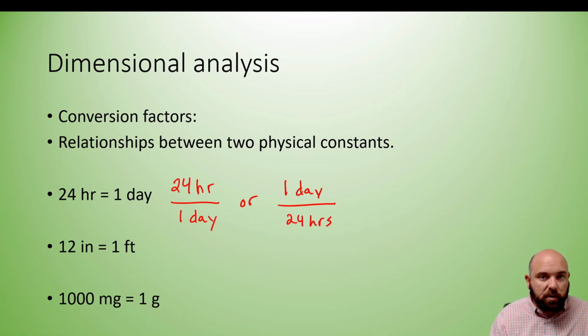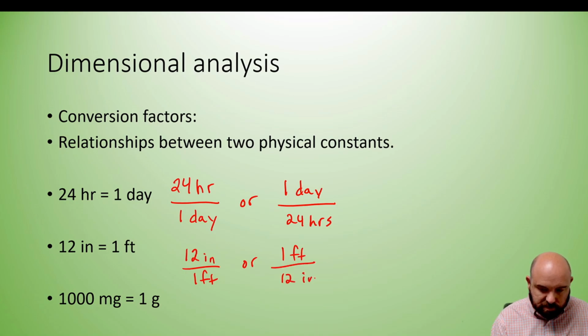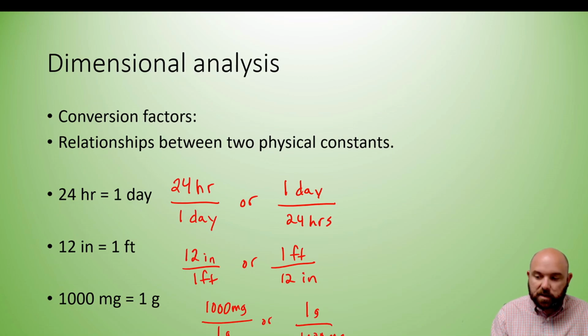And I can show all of the units in that same method. 12 inches in 1 foot, or 1 foot is 12 inches. And for the last one, I can say 1,000 milligrams per 1 gram, or 1 gram per 1,000 milligrams. We'll be able to use these expressions to convert units that we are given to units that we want to know.